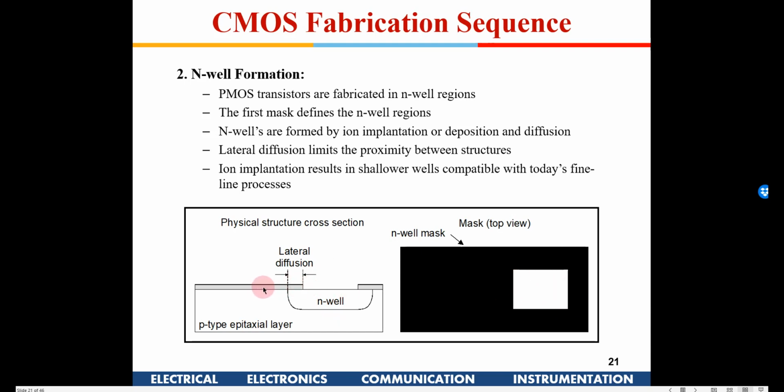So we remove the photoresist from where we want the N-well to come up, and then we remove the silicon dioxide, and now this area is ready to be made into an N-well. So now we can do ion implantation.